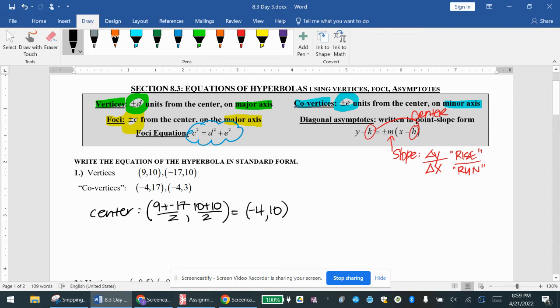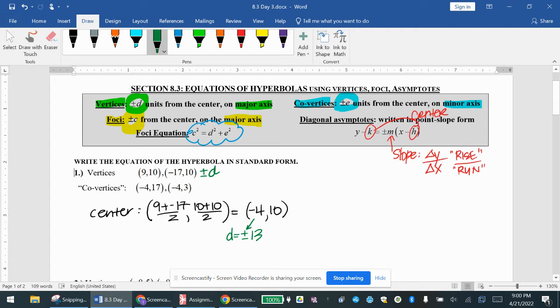The x values changed. By how much? Remember, vertices have to do with the letter d. So how did they go from negative 4 to 9? You can subtract, or you can draw a number line and figure out the distance between negative 4 and positive 9. The correct answer is 13 units.